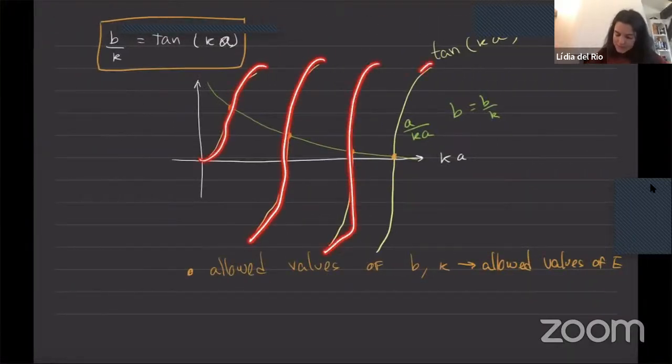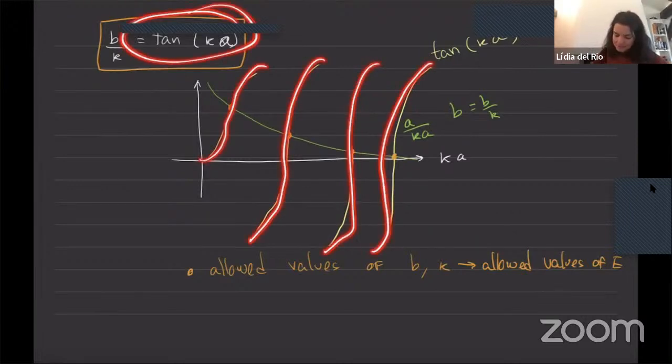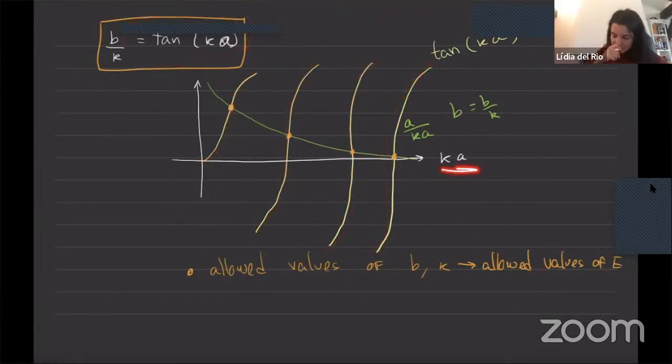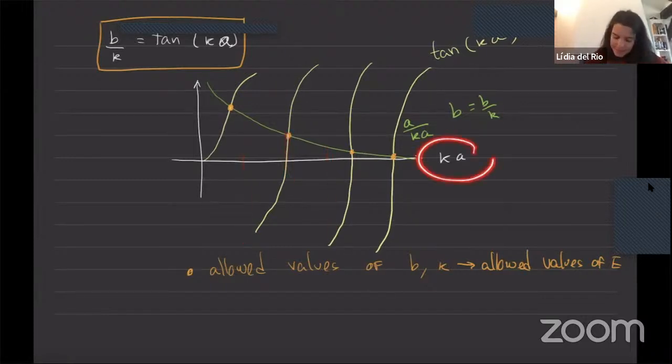So that's this part here, depending on this variable K or KA. And this is B over K, essentially. On the axis you have K, and just to make things look a bit nicer, the tangent, we know where the points of the tangent are, we just scale it by A, it doesn't matter.